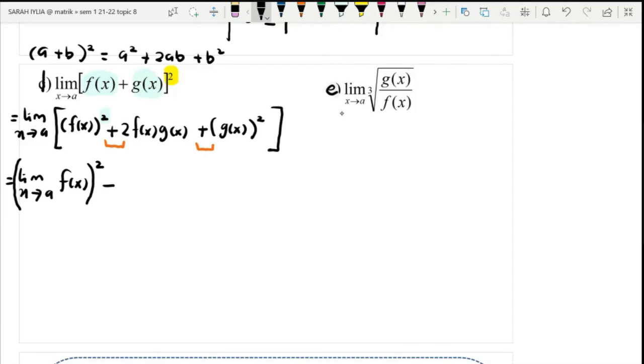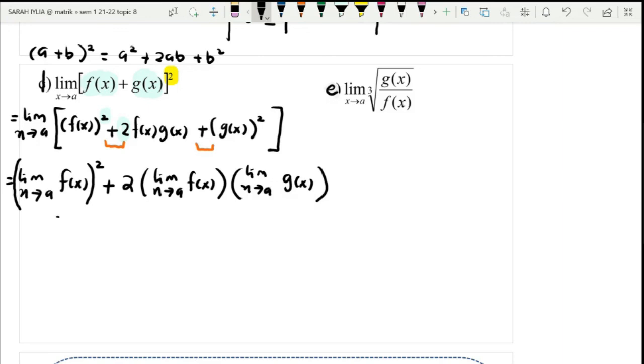Okay, plus, the second one has the constant 2. So we can expand it into 2 times the limit of x approaches a of fx times the limit of x approaches a of gx. And then plus the third one, same as the first one, we take out the power directly. So it becomes the limit of x approaches a of gx, the whole thing squared.